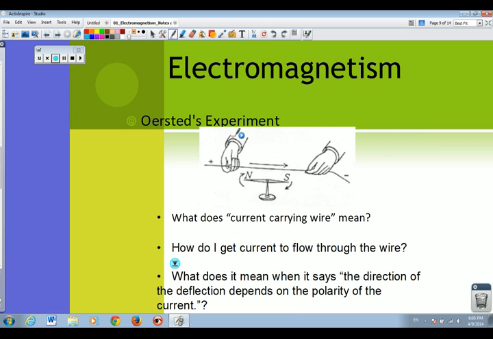So what Oersted was dealing with is his current line, and the current was going that way. A current carrying wire, we dealt with that in the last unit. And these questions are pretty straightforward, and I hope you remember them because it's very important now. What does a current carrying wire mean, and how do you get a current to flow through a wire?